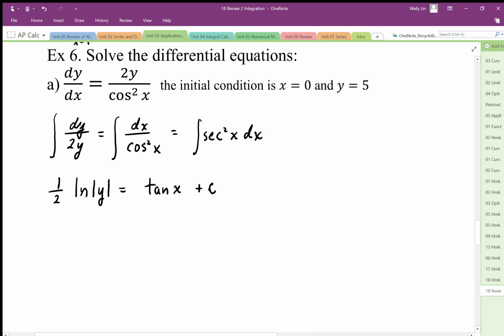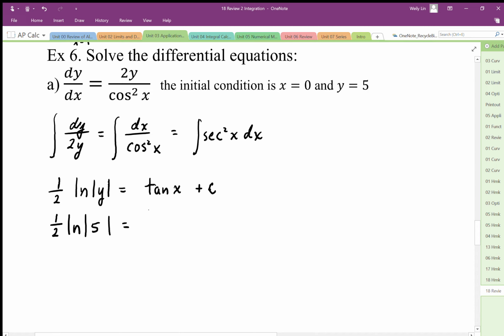Okay, now at this point I've anti-differentiated this. I can substitute in x and y to work out my constant value. I can solve for y as well, but I'm going to just solve for my plus c first. So I'm going to substitute in my values of x and y. So log y is going to be log 5.